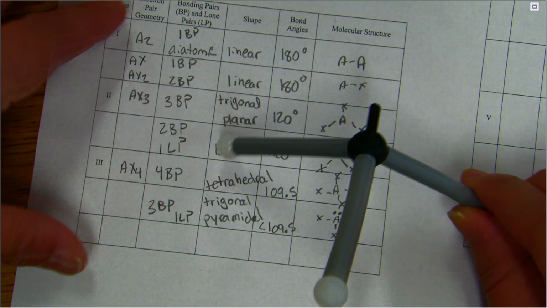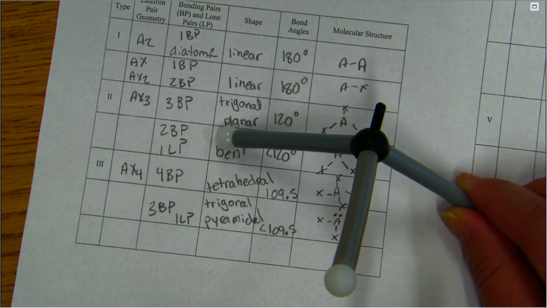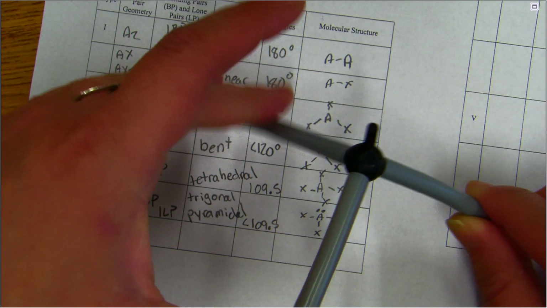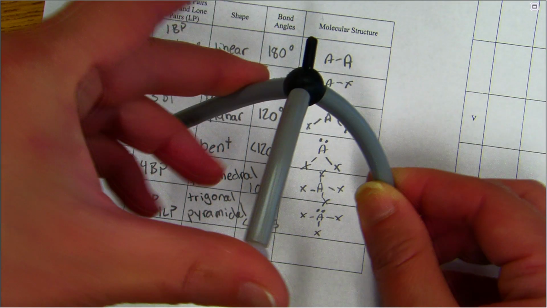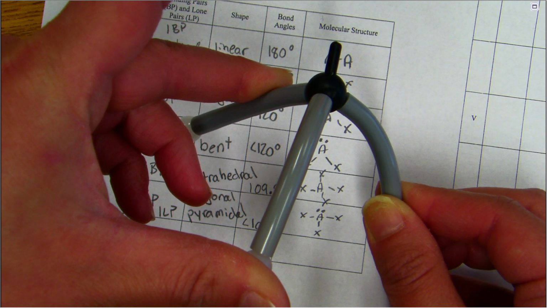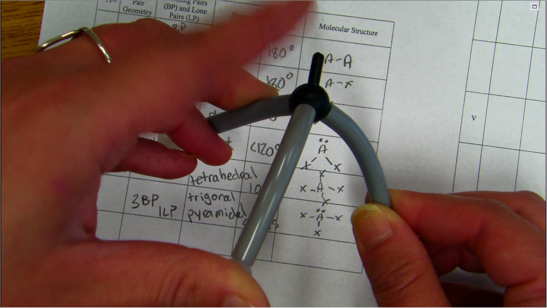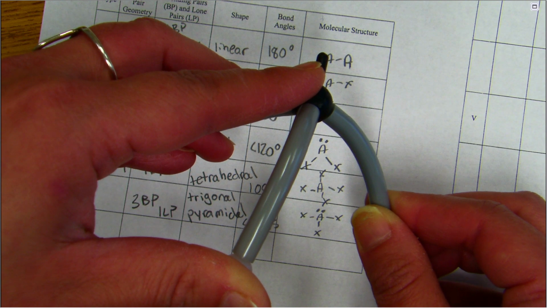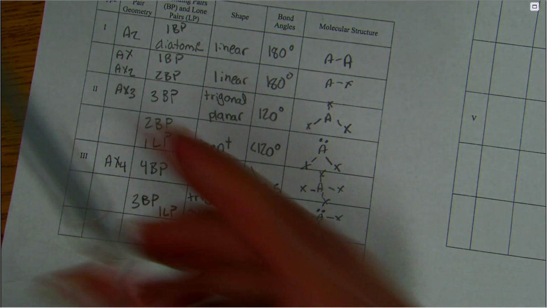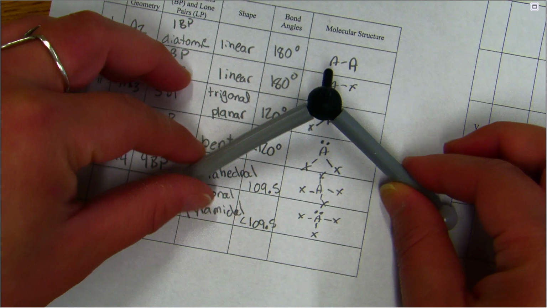So I have 3 bonding pairs, 1 lone pair. This lone pair is pushing all of these bonds in closer together, because there are only electrons.